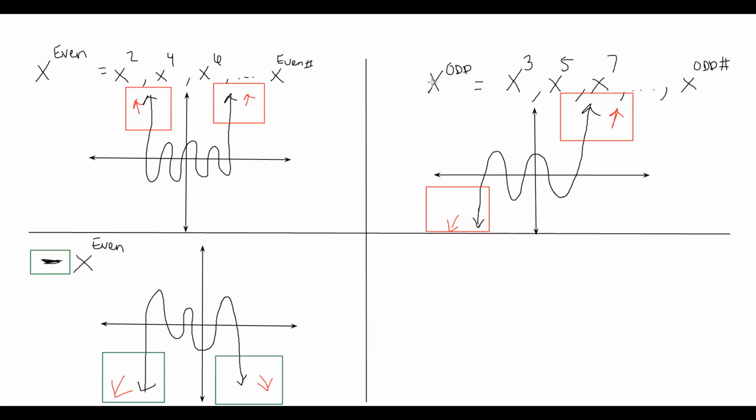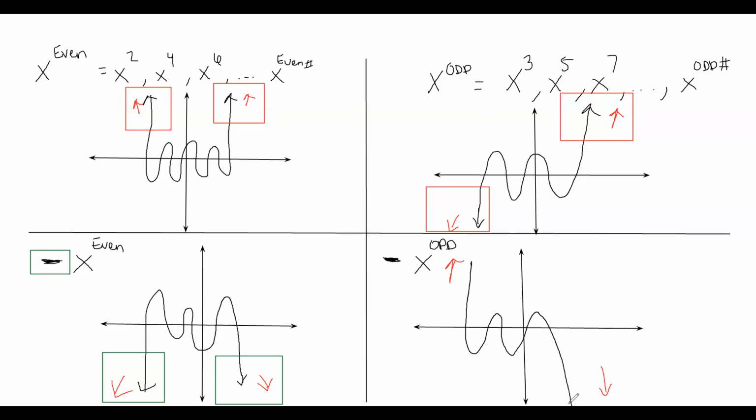So therefore my coefficient must be negative. And the same thing happens with our odd. So here's my odd. Guys, focus, please. This is negative x to the power of an odd number, or an odd exponent. Instead of coming from the bottom, it's going to come from the top. And on my right side, instead of going up, it's going to go down. So both end behaviors flip. 1, 2, 3, and 5.